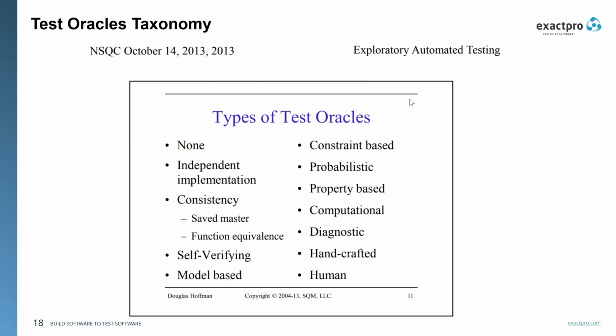Yes. So the second very important contribution by Dr. Hoffman was the description of test oracles, types of test oracles, a test oracle taxonomy. And now we can see that many of the things people were thinking about then are very relevant to the current age of AI testing. He put forward a number of test oracle types, and I will very briefly walk through some of them.